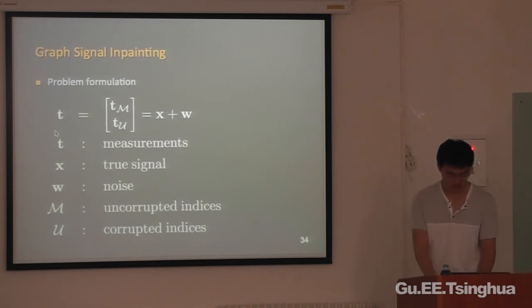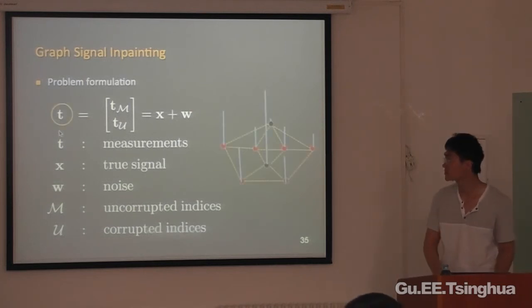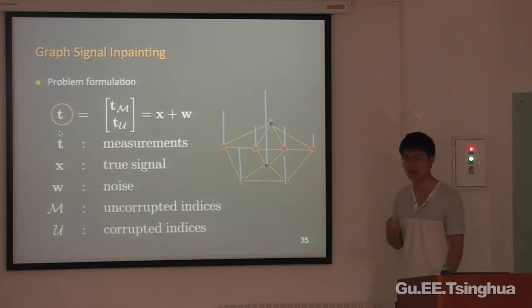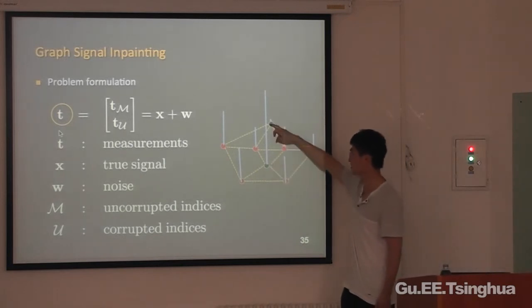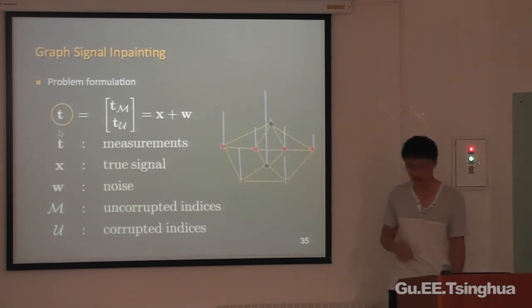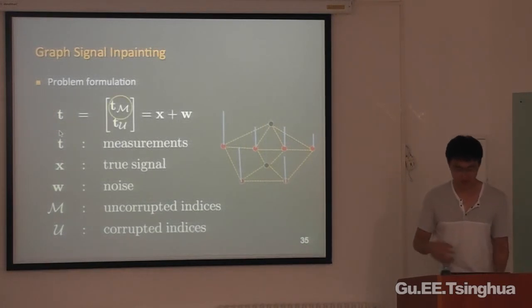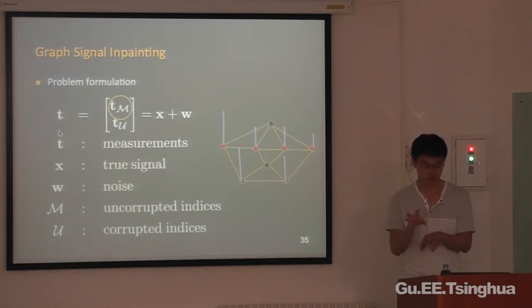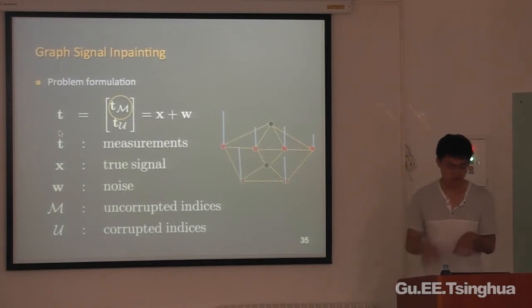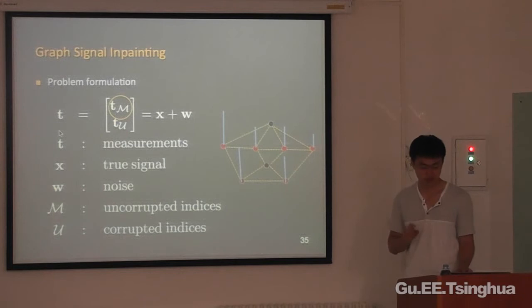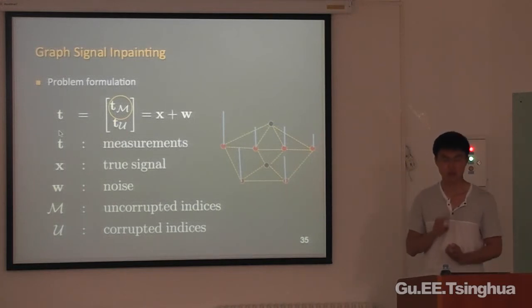This T is our measurement. So we measure T, but it's a corrupted signal, so there are some values missing. The black dots show the missing part, and the red dots show the measured part. We can split the two parts into M and U. M is the uncorrupted indices, or measured part.